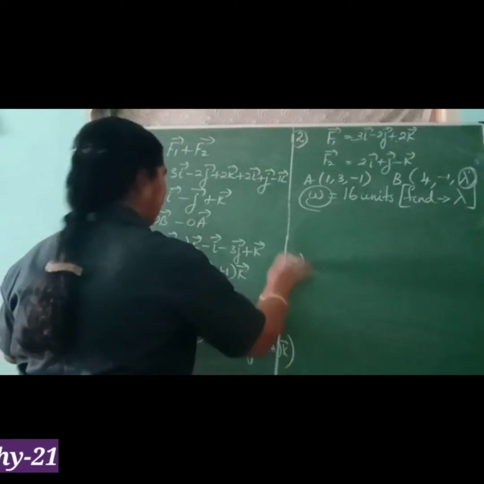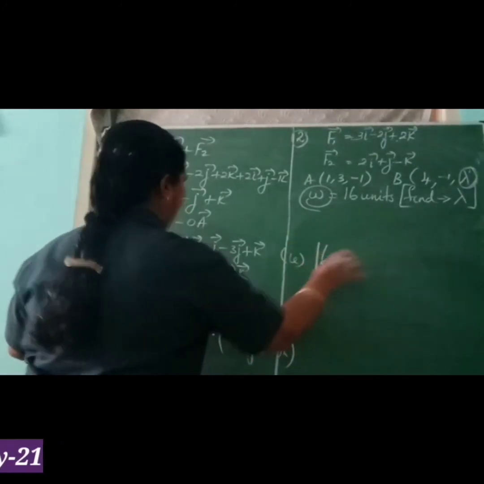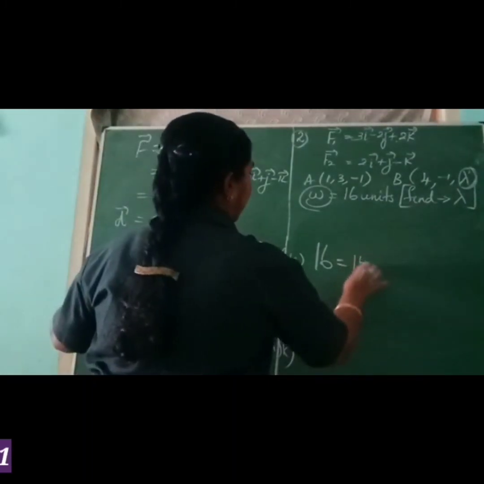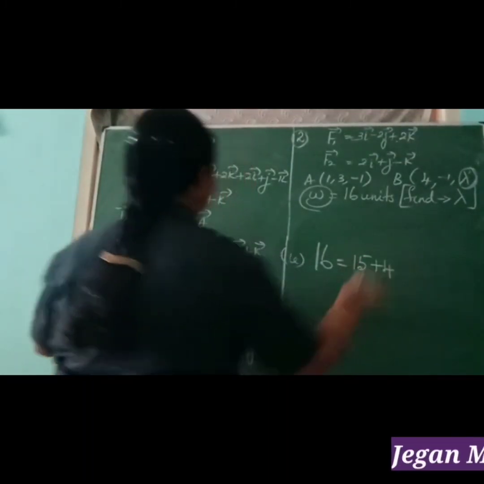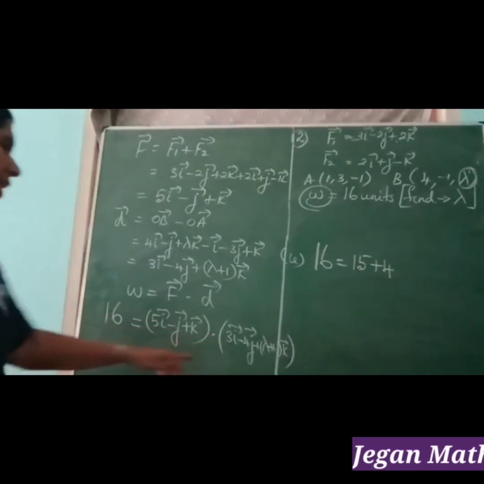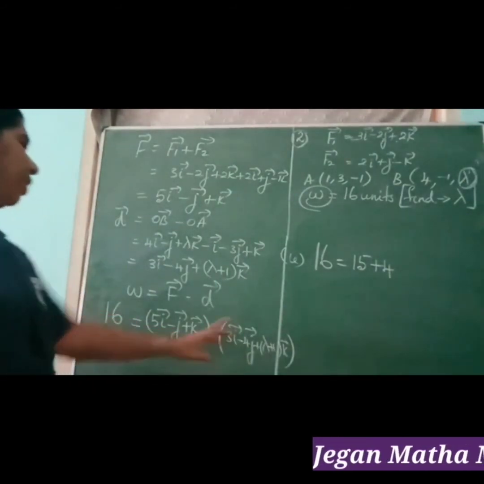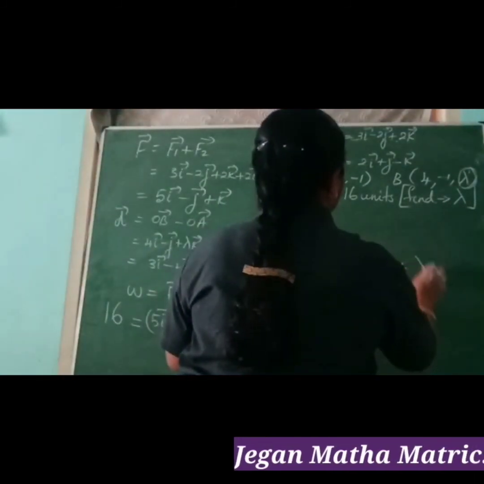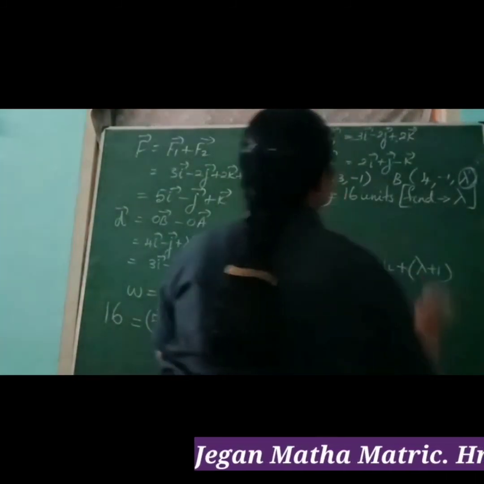That is 16 equal to 15 plus 4. 5 3s are 15. Minus 4 into minus 1. Then plus 1 into lambda plus 1 is there.